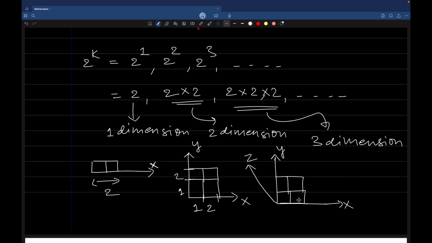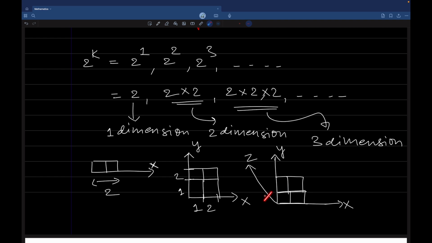we have 2 in the x direction and 2 in the y direction. Assume this is a dice, these 4 dice, and one more layer will be at the back side, behind it another layer of 4 dice.